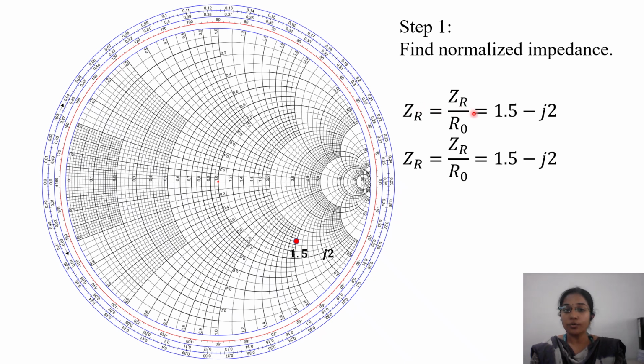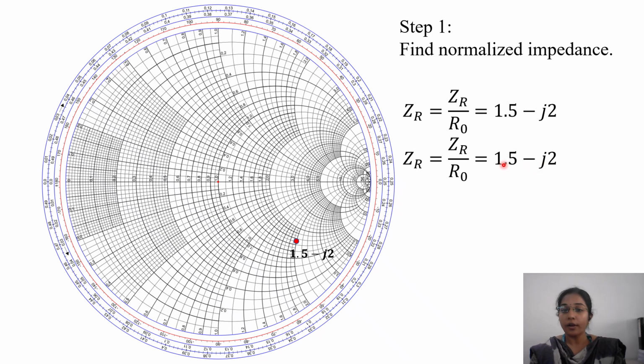The equation to find the normalized impedance is z_R, that is the normalized impedance, equal to the given impedance divided by the load. So we have 450 minus j600 divided by 300 ohms, and once we do that, we get the value to be 1.5 minus j2.